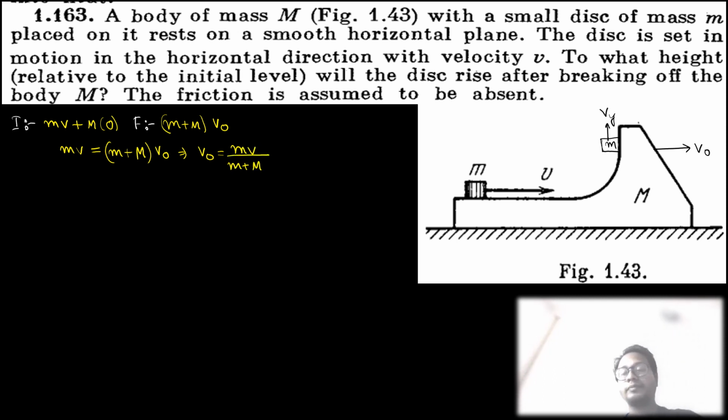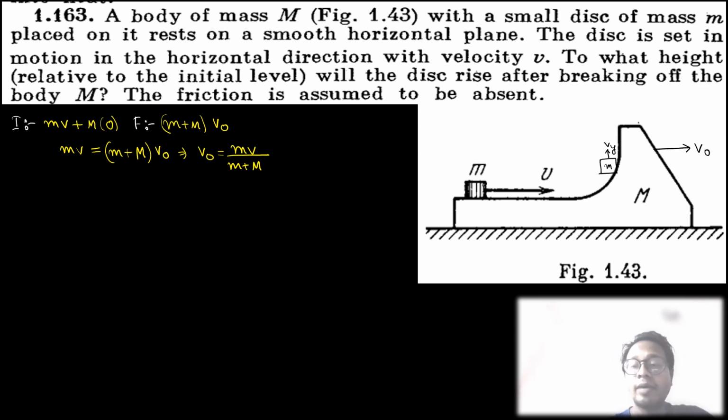Very simple. Now the question is not asking for the final velocity of this block. The question is what is the maximum height reached. See, at maximum height, let me draw this block a little bit lower, so that you don't get the wrong idea about vy. At maximum height, what is the vertical velocity of the block?